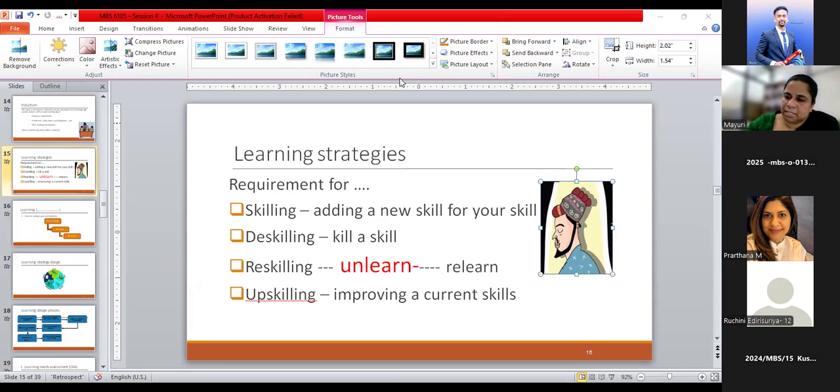One example is you are not recommending a potential person for a promotion because of a personal reason. You're not giving a promotion to a potential person. That is de-skilling. That happens in organizations, right? Not recommending for a promotion due to fear, due to insecurity.